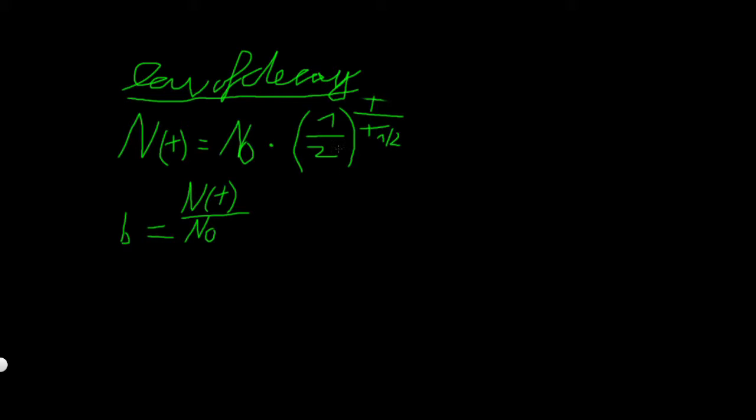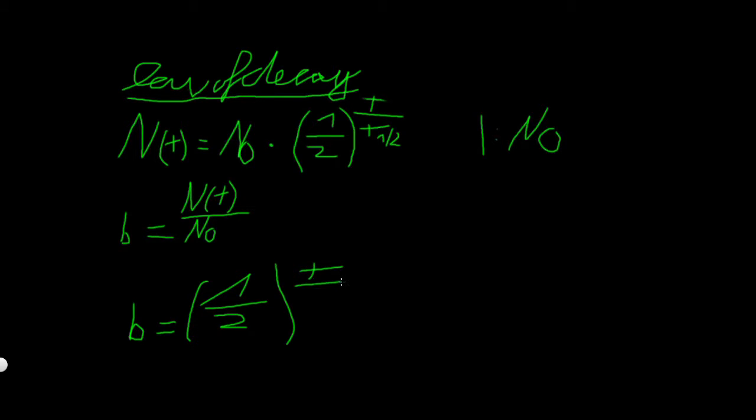So as you can see, if we with this equation do this, we then get what is called B. So B also equals 1/2 to the power of t divided by t1/2.